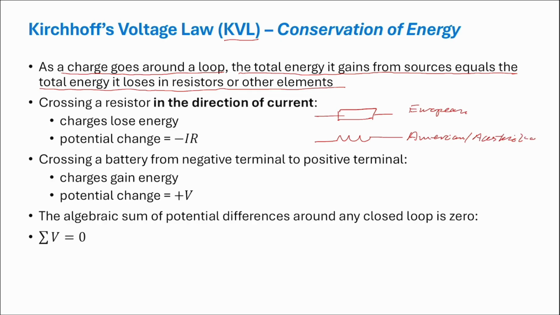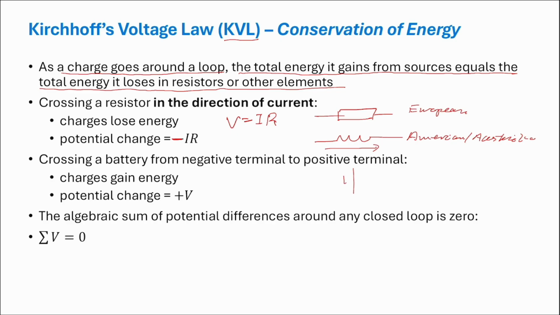They represent a resistor. And it says if the current passes through here, it loses energy. So the potential difference is V equals IR, but this time we have to use negative because it loses energy.